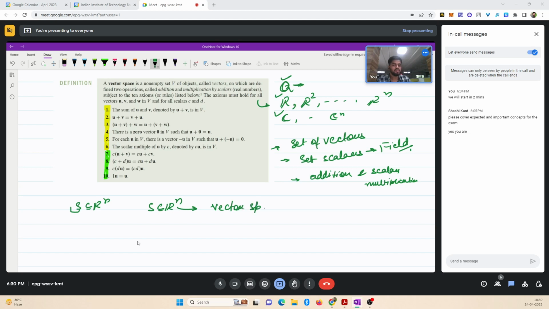So if you have some subset of a vector space, then you need to check only those properties that you mentioned: that alpha x plus beta y belongs to S if alpha and beta belong to your scalars, in this case real numbers, and x and y belong to S. Then your S will become a vector space.